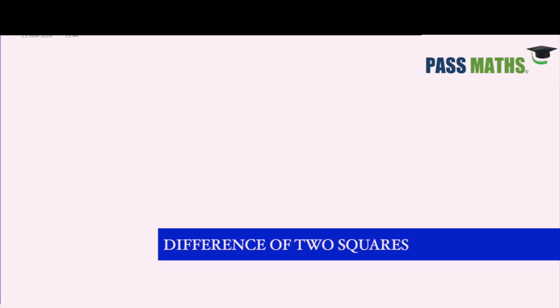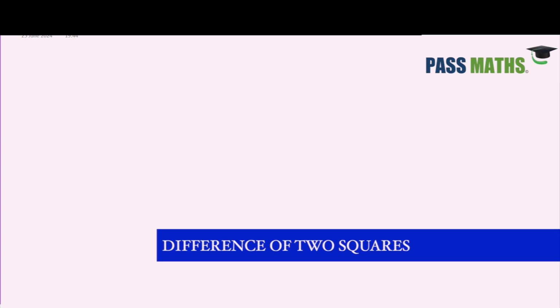Algebraic factorization, difference of two squares. This will give you about GCSE grade 4, 5. So you learn this in year 9, 10 and also 11. So let's start then. What you will do, you will have two terms.